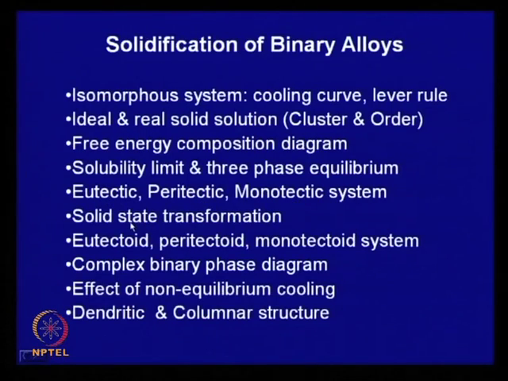We will talk also about transformation that can occur in solid state, and under this we will consider a few cases like eutectoid, peritectoid, monotectoid system. Then we will try and look at how to interpret or how to construct complex binary phase diagram involving many of these transformation processes which are listed here.